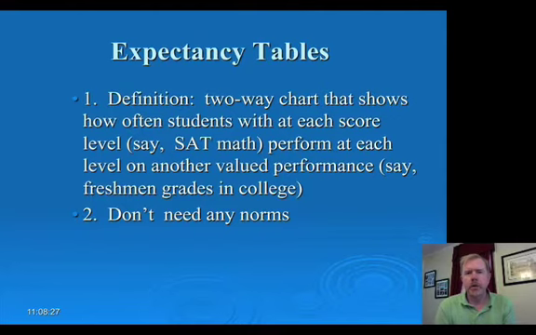And so norm reference assessments are often used in this manner to make predictions about some future performance. We don't need any norms to do this particular process, and I mention this because it is one of the uses that norm reference assessments are commonly pulled into play for.